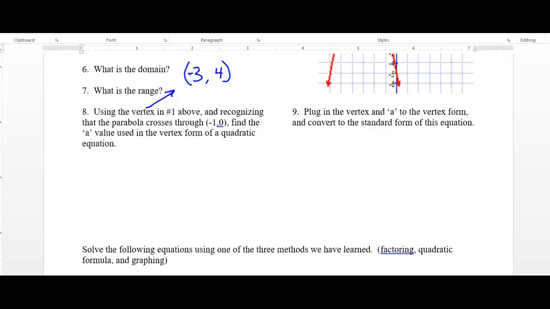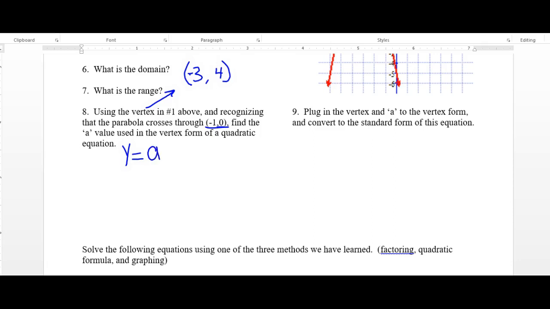All right, number 8, talking about the vertex form of an equation. If you know the vertex, which we just found out was (-3, 4), and we know an ordered pair, which they're giving us (-1, 0), we can use those 2 points to find the equation of this parabola using the vertex form of an equation, which is on your formula chart.